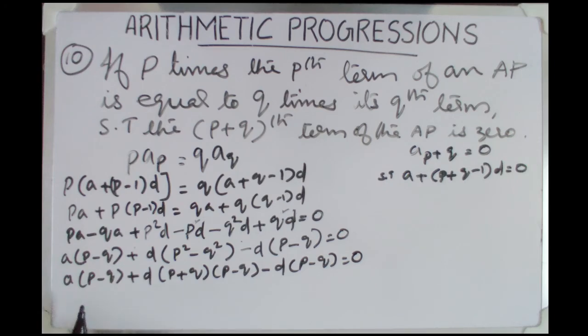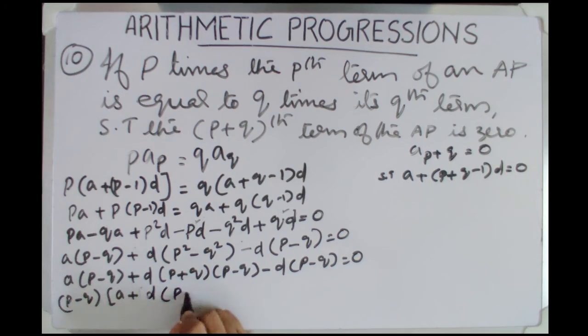Here there are three terms. In these three terms, p minus q is common. So we can take p minus q outside, and here a comes inside. Then in this term, p minus q goes out, and the remaining part is d into (p plus q).